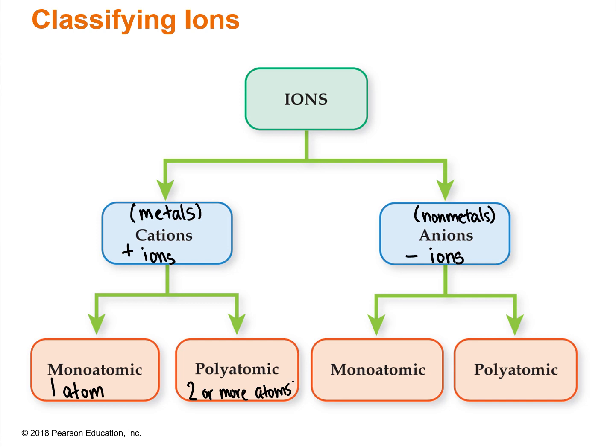We're going to talk about each of these for cations and anions. Now for polyatomic cations, there's only one, and that's the ammonium ion. So we're not going to spend time on that, but I will bring it up when we look at a chart of all the polyatomic ions.